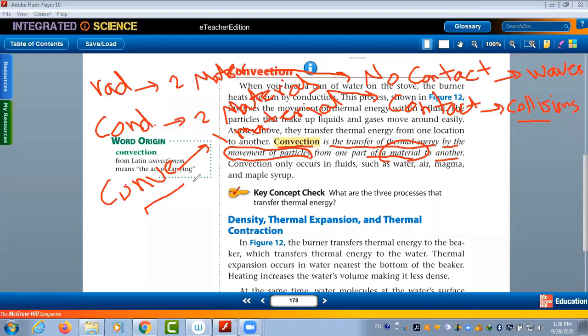In convection, we have only one material, but the particles of that one material move from one place to another place. So pay attention to this difference.